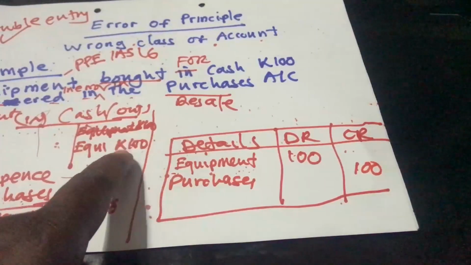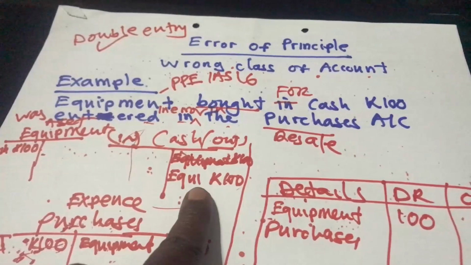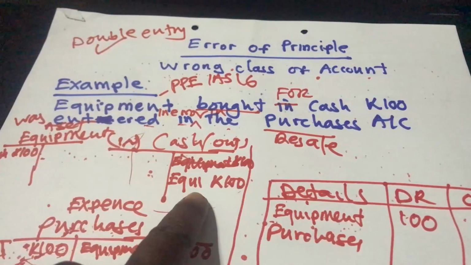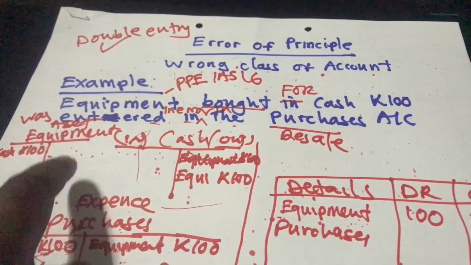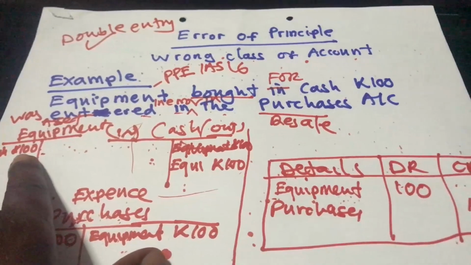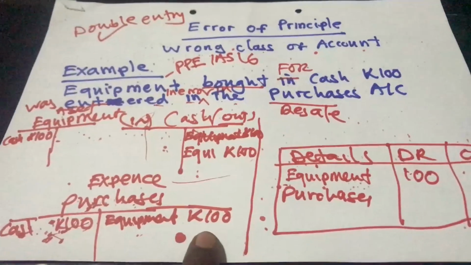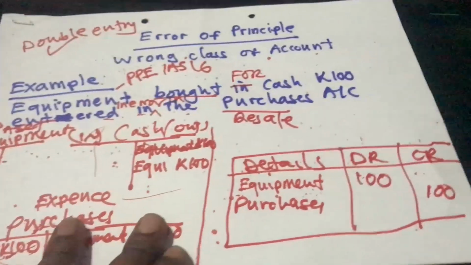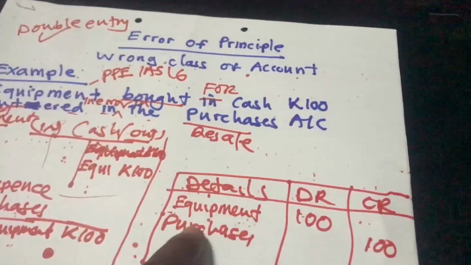So you see that the cash account, which was okay, I've left it just like that. I haven't done anything to it because it was correct. But the equipment, I've entered it there, and I've entered another correction entry. Okay, so in the exams, you'll just be required to write the journal.